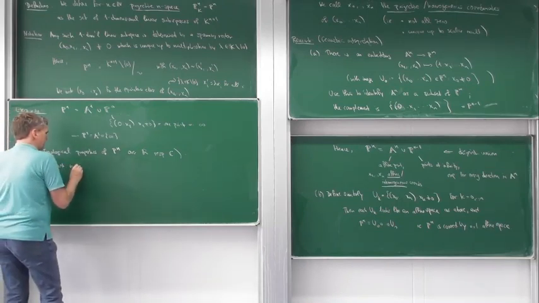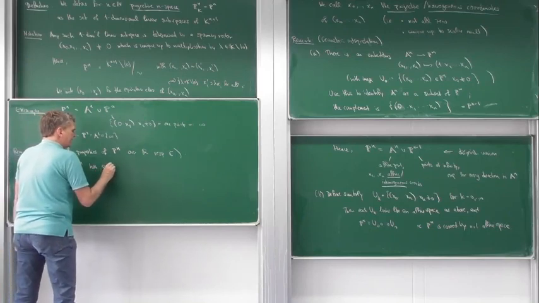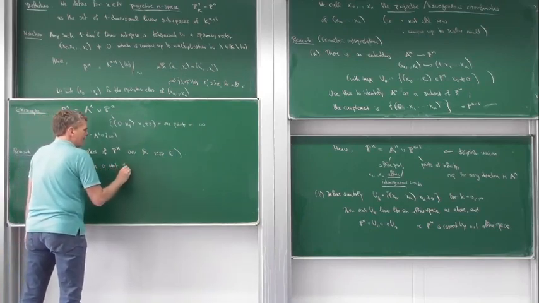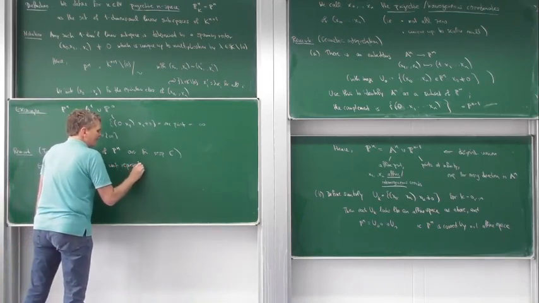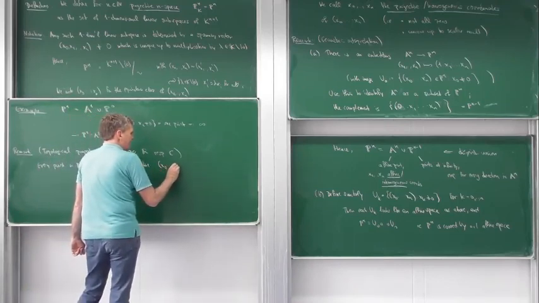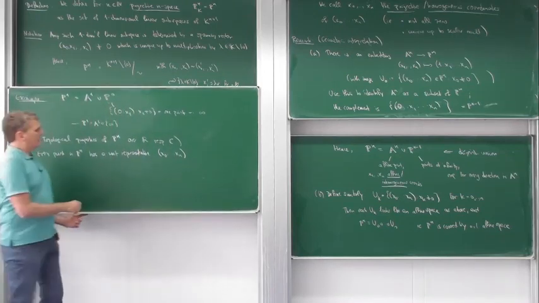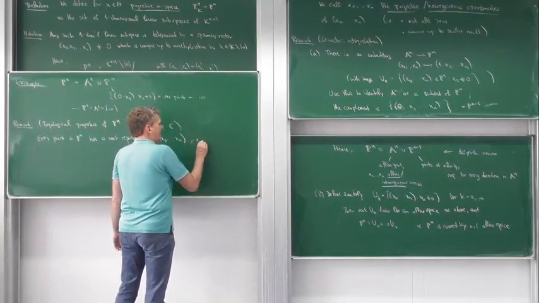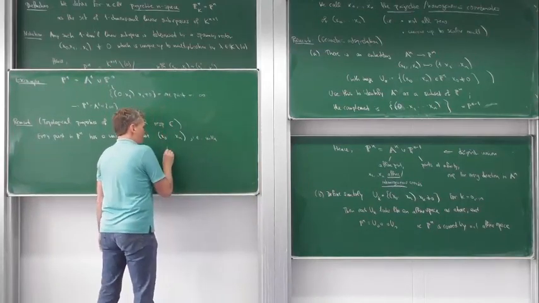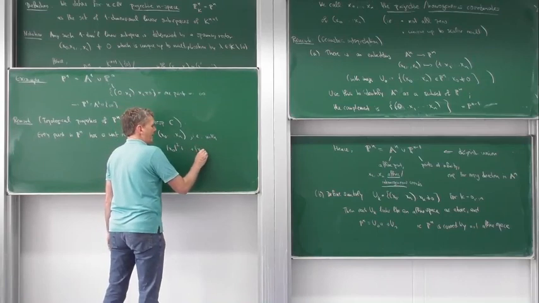So every point in Pn, because of the rescaling, has a unit representative x0 up to xn, where unit is now not in the algebraic but in the analytic sense, i.e. with the sum of the absolute values squared equal to 1.